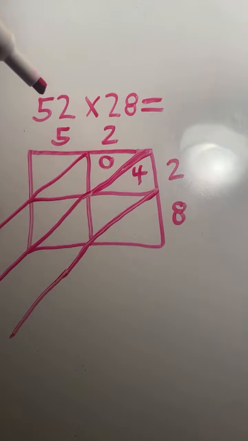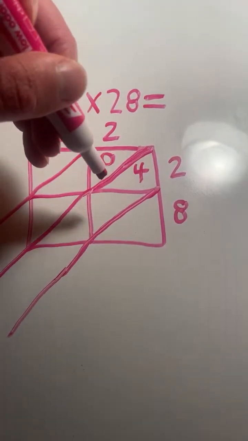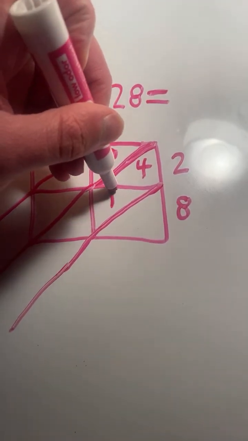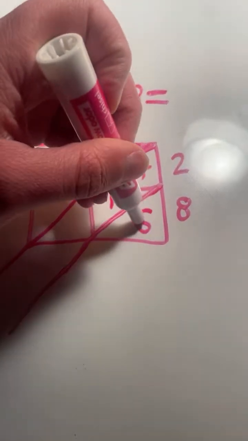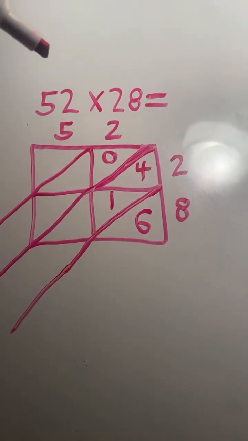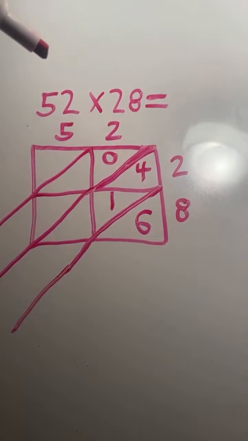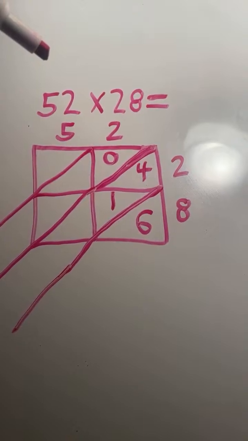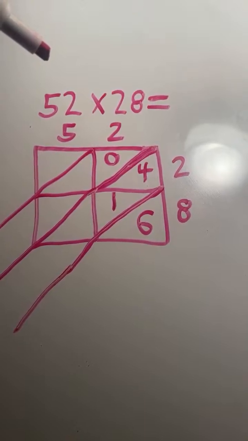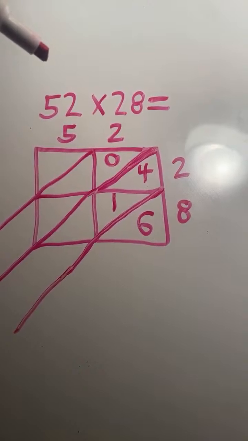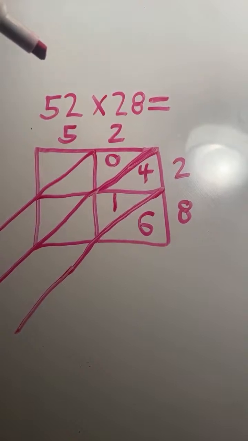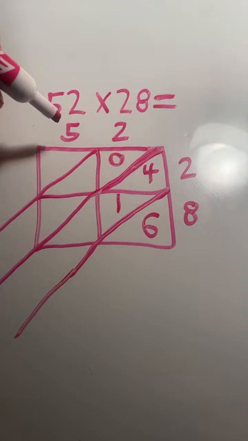Now each digit within our answer goes in a separate triangle. So the 1 in 16 is going to go in the top triangle. The 6 is going to go in the bottom triangle. All right, next we're going to multiply 5 times 2.